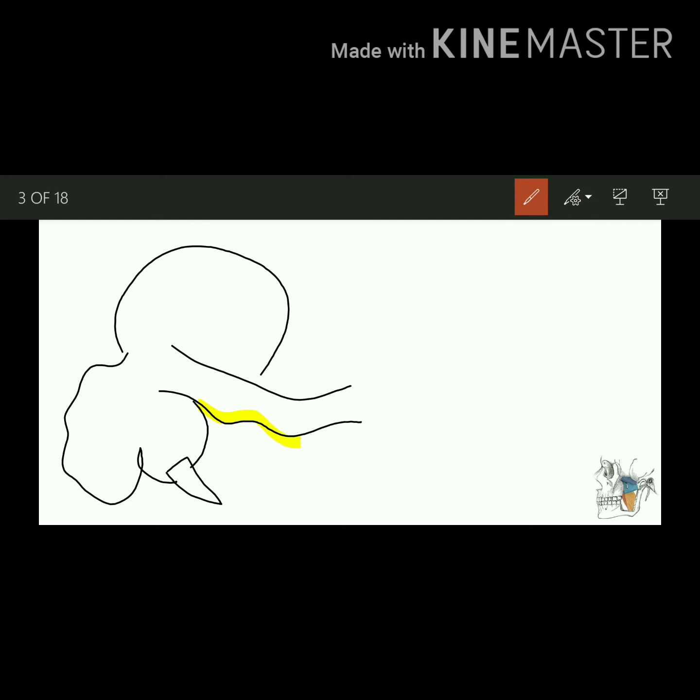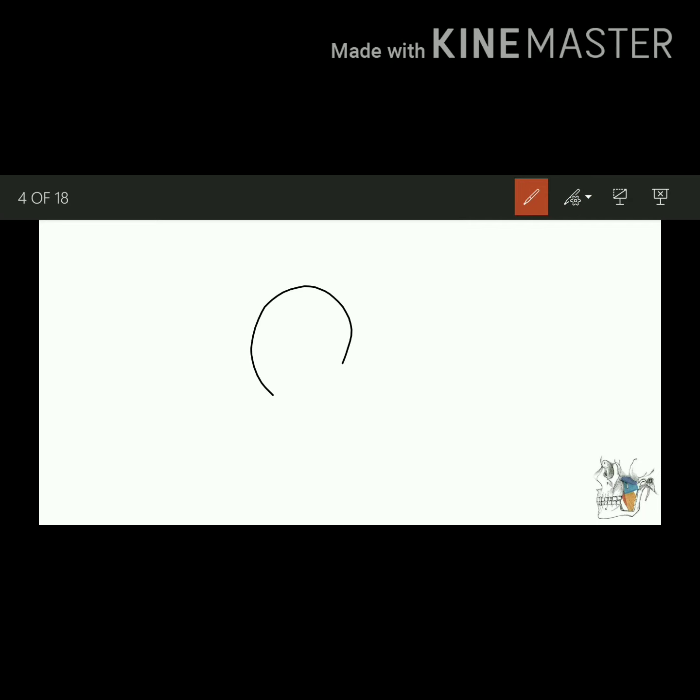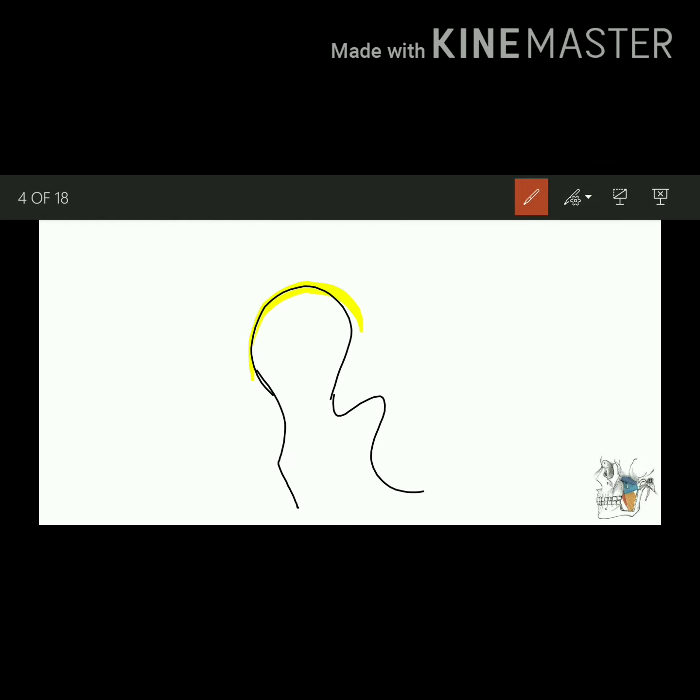The articular surface will be the articular eminence of the temporal bone, and this articular eminence articulates with the condyle of the mandible.